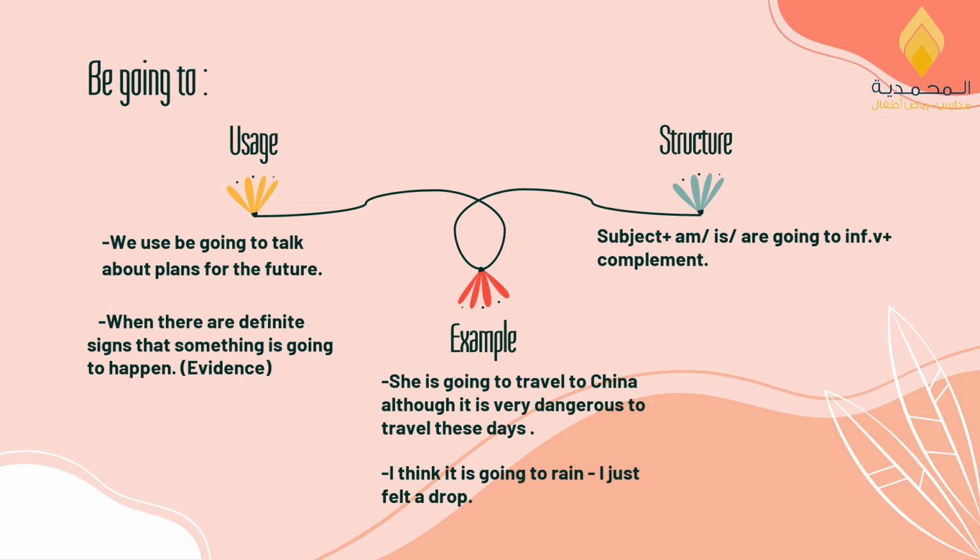To is followed by the infinitive form of the verb, the base form of the verb without any additions, plus the complement. So here is the structure of be going to, and the examples of the usage of be going to.